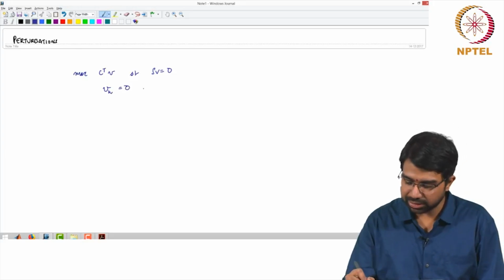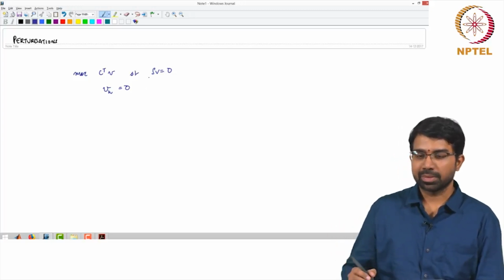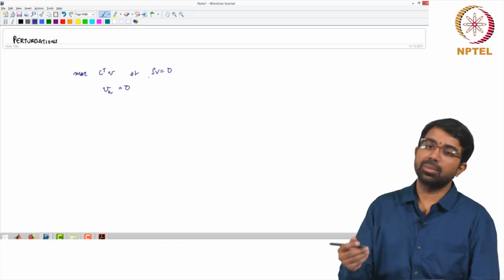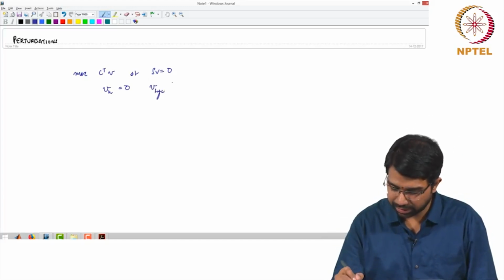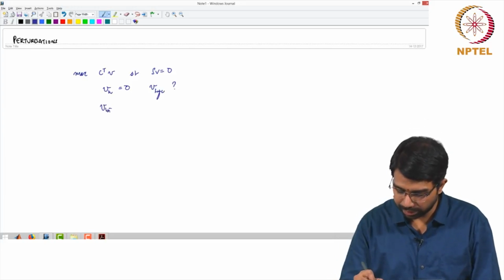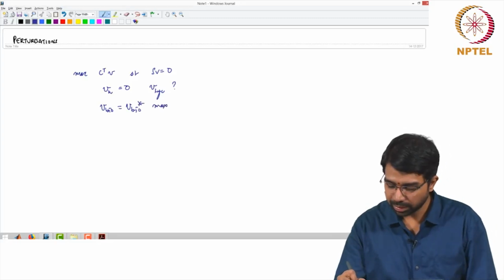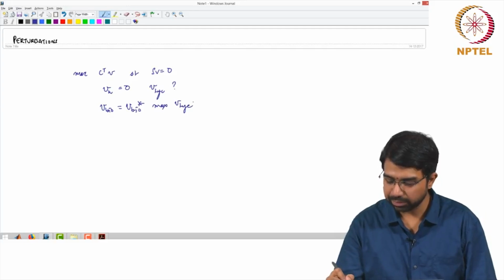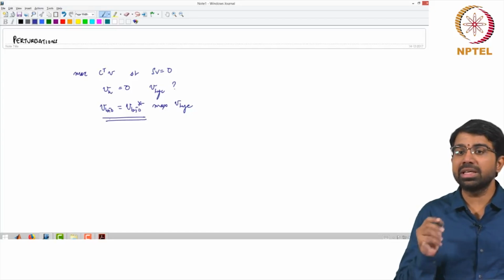This means this reaction is additionally pinned to 0. You can even pin it to some value. For example, if you wanted to find the max of V lycopene, you may say that V bio equals V bio star and now maximize V lycopene. This is basically another constraint wherein we are pinning fluxes.